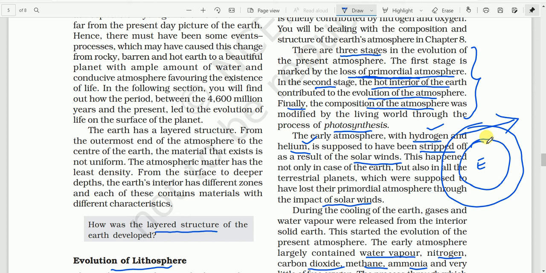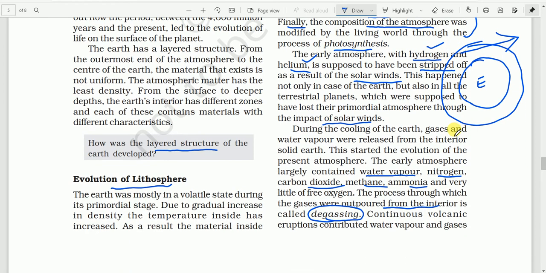Remember, we have three stages. In the first stage, the early atmospheric gases like hydrogen and helium were stripped off by the solar winds. Then in the second stage, gases like water vapor, nitrogen, carbon dioxide, methane, and ammonia were ejected from the Earth interior through volcanic eruption, that is called degassing.